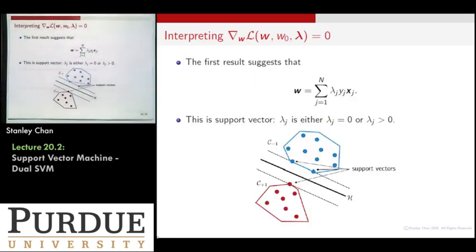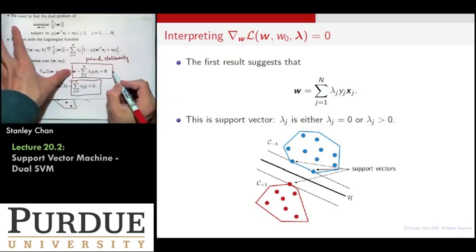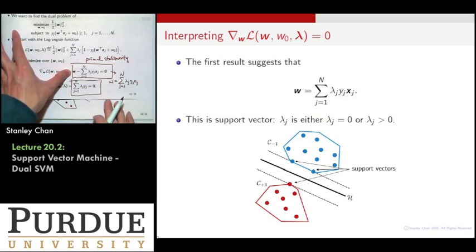I haven't got to the dual SVM yet, but I have already got a very interesting observation. This equation says that my W can be written as the summation of lambda j, yj, and xj, j going from 1 to n. Now, what is this W? This W is the normal vector of your separating hyperplane.